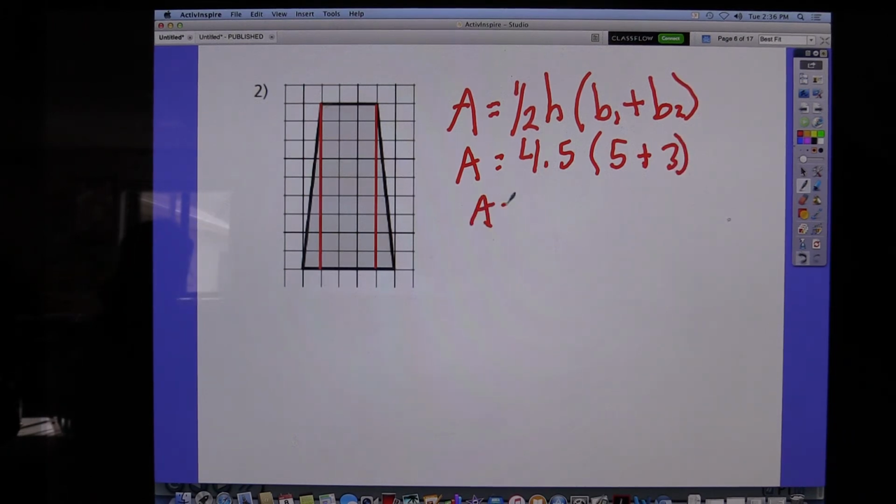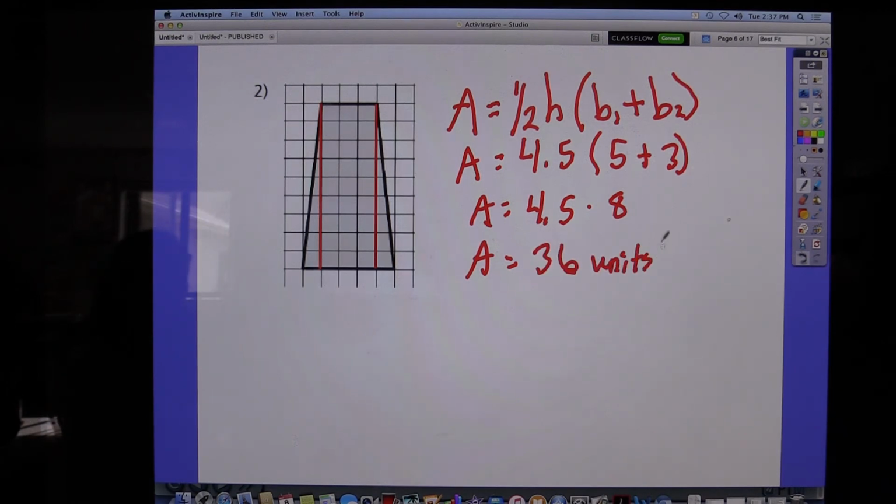So I could say area equals 4.5 times 8. And then area equals, well, if I have 4 groups of 8, that's 32. And if I have 8 halves, that's going to be 4. So that's going to give me 36 units squared.